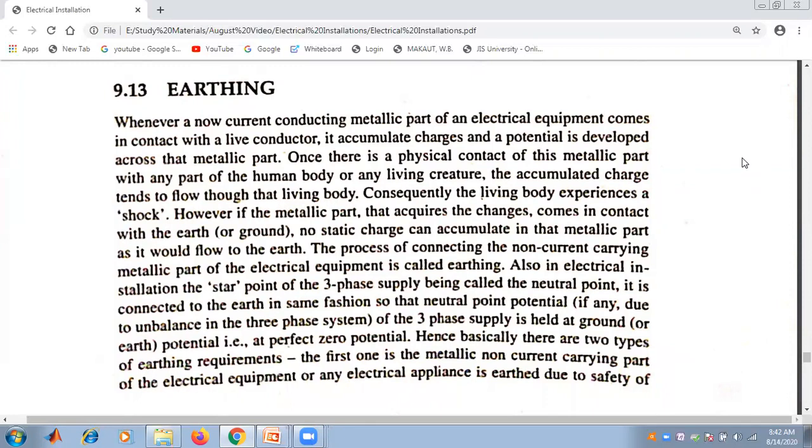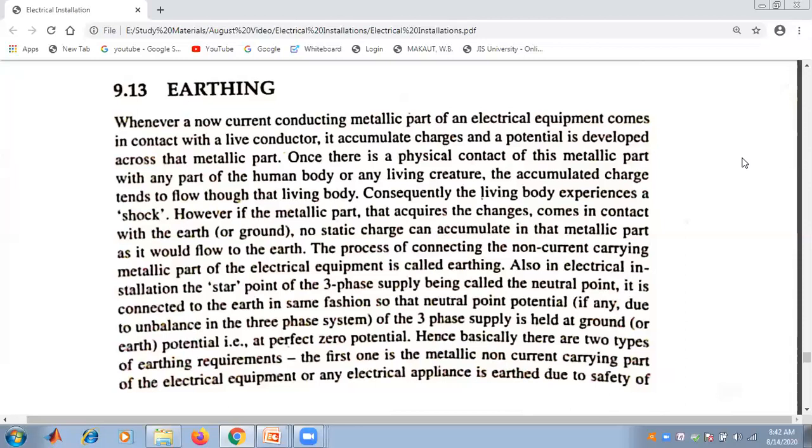This is the basic conception: when a metallic part of an electrical equipment comes in contact with a live conductor, meaning the current carrying conductor, that equipment accumulates charges. As a result, a potential is developed across that metallic part.